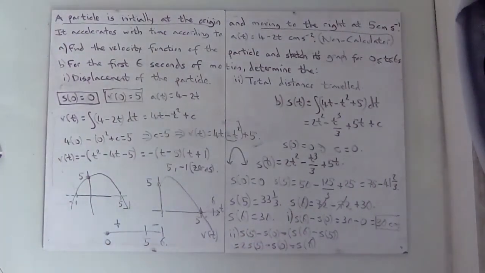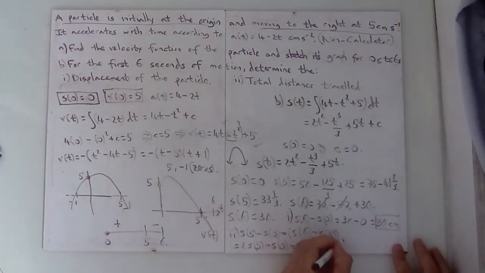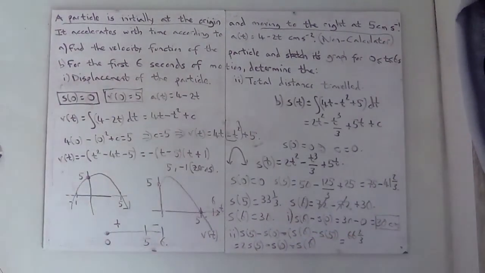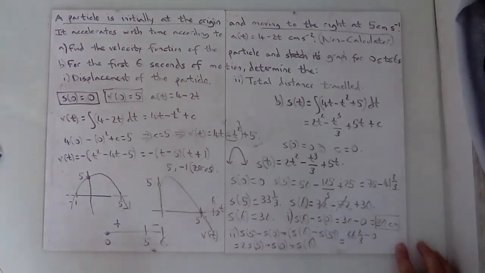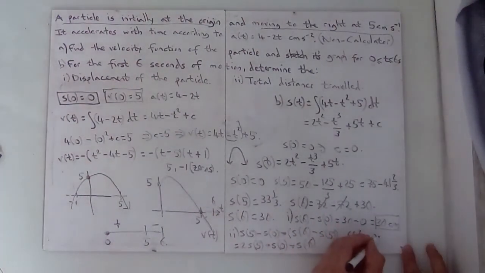So we've said S5 was 33 1/3, so 2S5 must be 66 2/3, minus S0, which is 0, minus S6, which I think was 30.